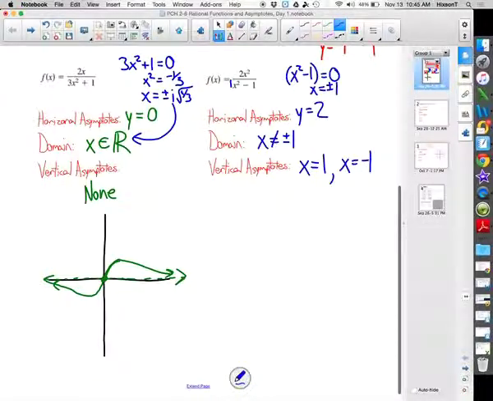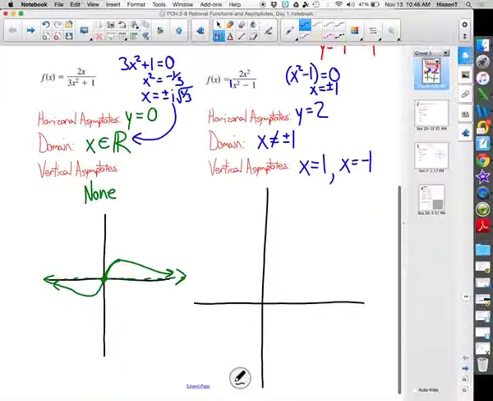We're going to have two asymptotes. The reason we find all this is because just with that information we can get a really good idea of what this graph looks like. So watch this. Let's actually sketch this one.